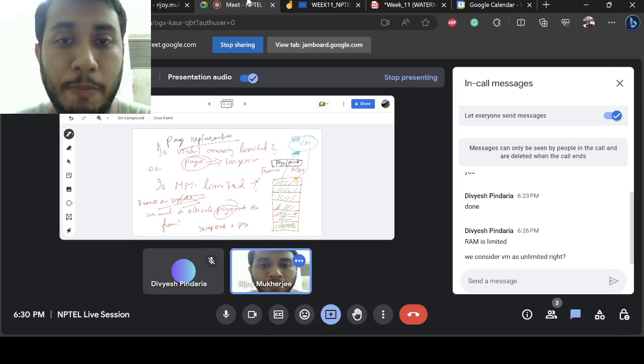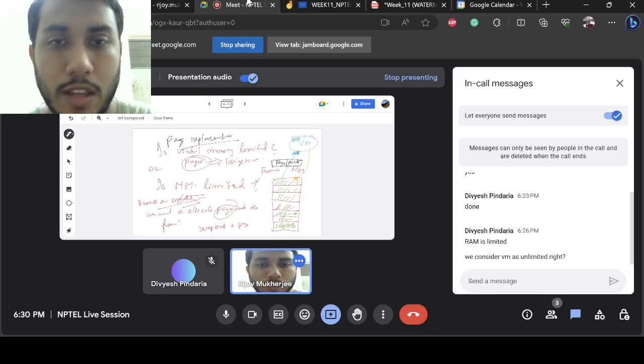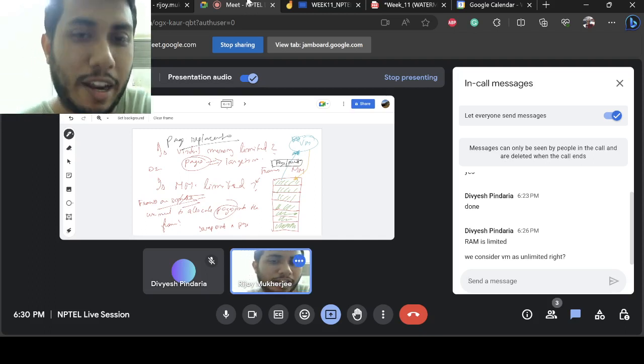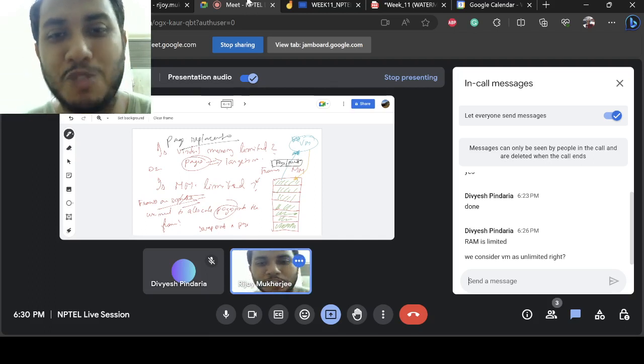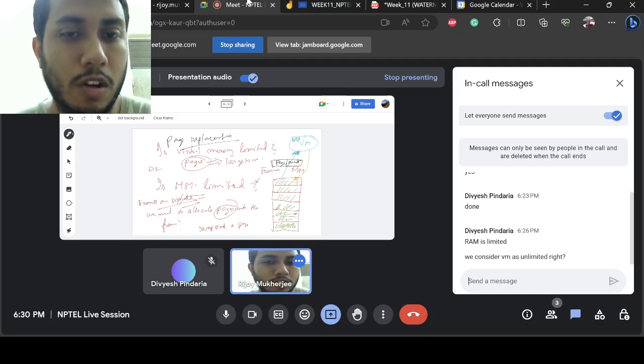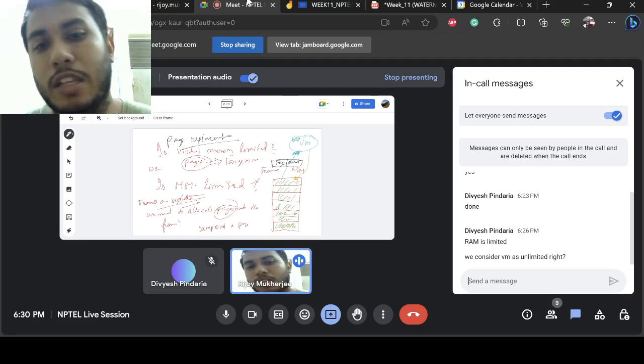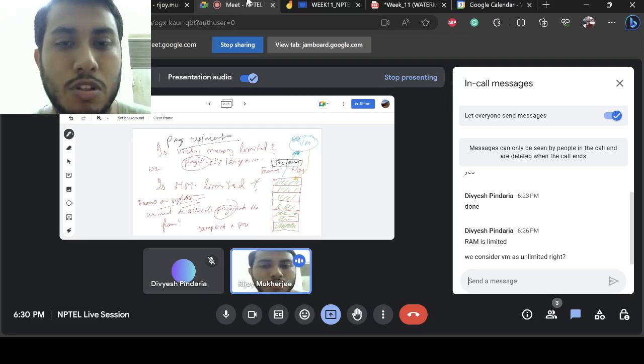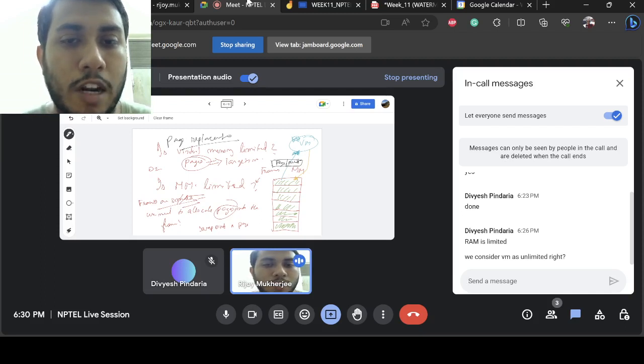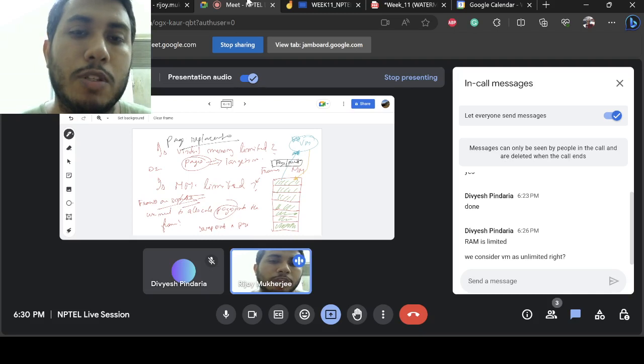Because this has to be prioritized, like which one we need to swap in and swap out, which memory should we swap out. There has to be logic behind it. It is not that this one has not been used for a long time, so let me swap it out, or this one came first, so let me swap this out first.